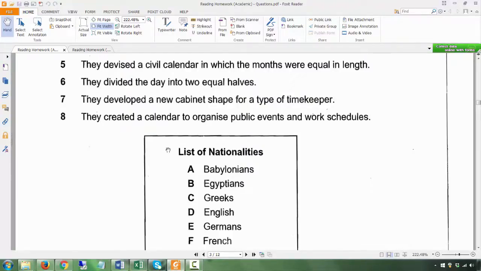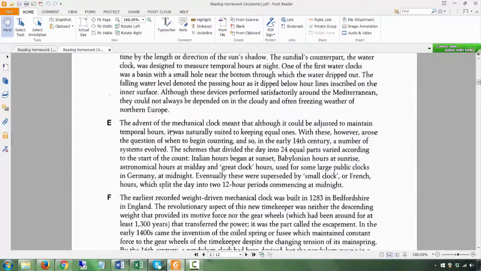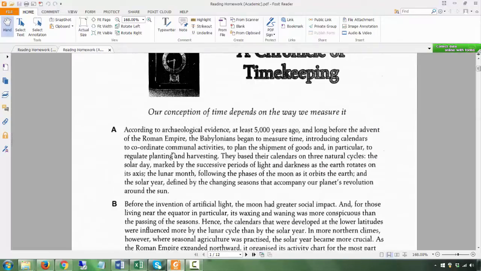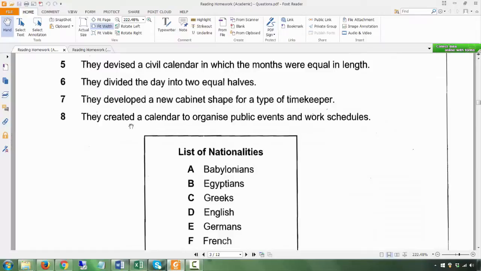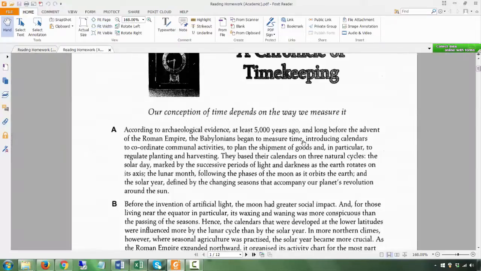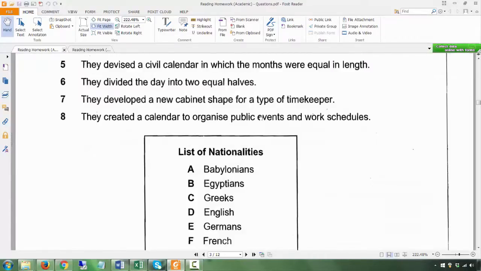Let's go to the passage right now, which is in paragraph A. All right, they create a calendar. They base introducing calendars to coordinate communal activities, public events. Communal activities is a paraphrase for public events.